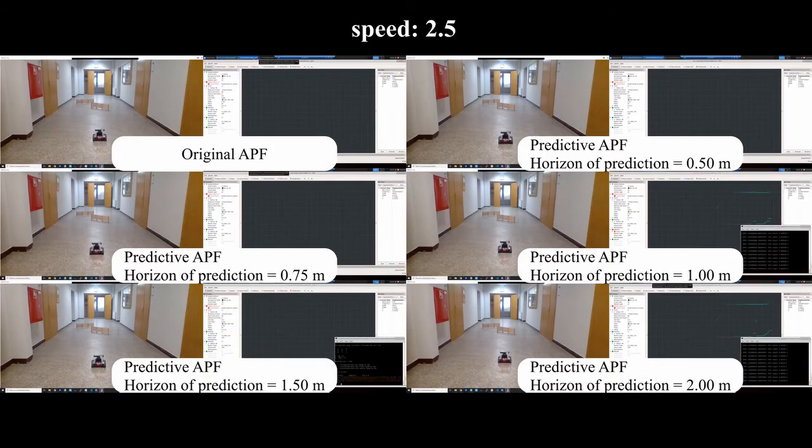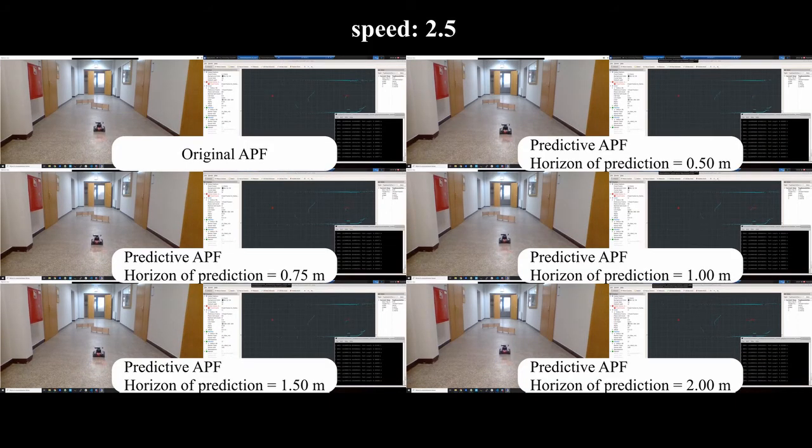The horizon of prediction value should be selected considering the vehicle, environment, and assumed obstacle dimensions, but also the used sensor and the vehicle's perception. The longer the path predicted, the more the vehicle will react in advance to the obstacle, but if the predicted path is too long, then the prediction may be generated without information about the environment behind the obstacle and may provide an imprecise prediction of future movements in a complex environment.